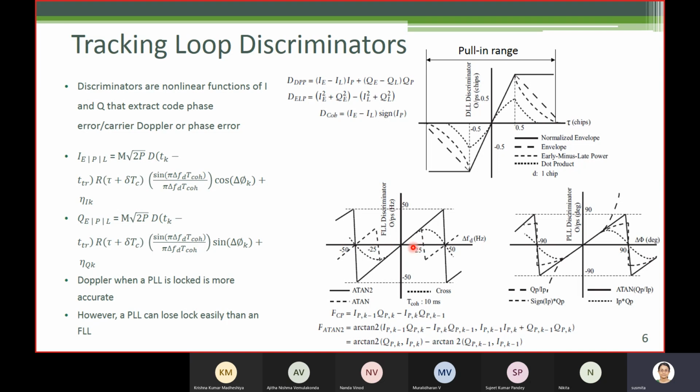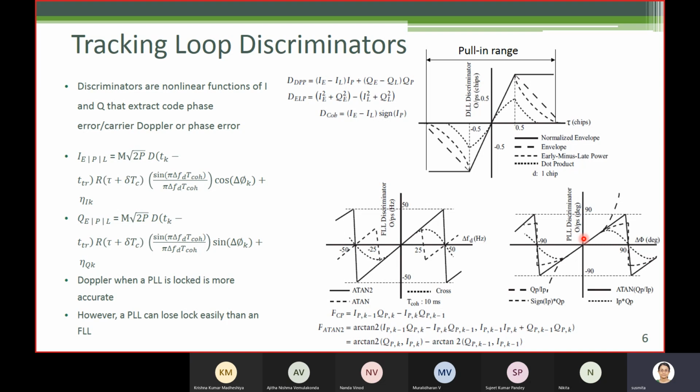It can also operate when the user motion changes fast, so it can tolerate higher dynamics. It can tolerate lower C over N naught for poor quality signal environments. But it is less accurate. Okay, so this is less accurate but more robust. This is more accurate and less robust.